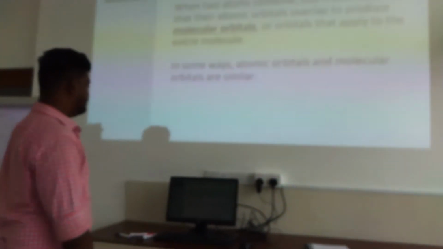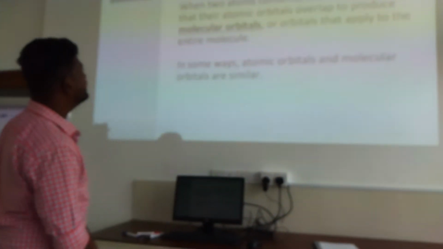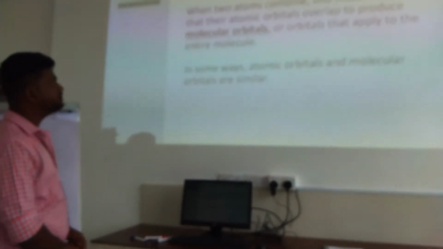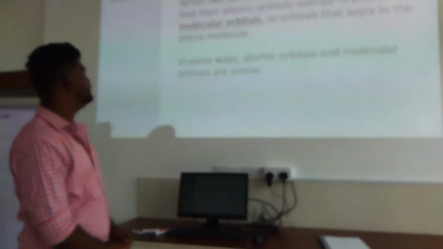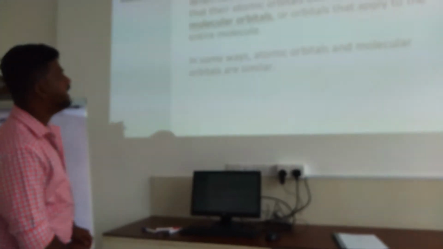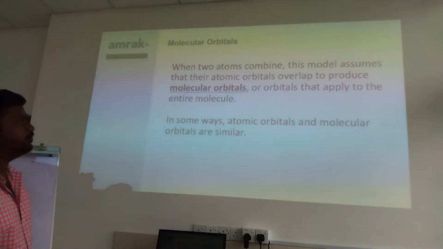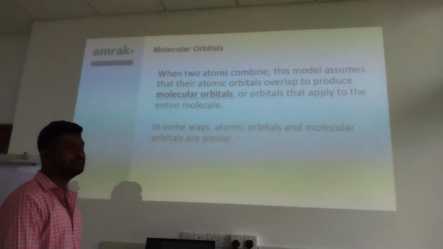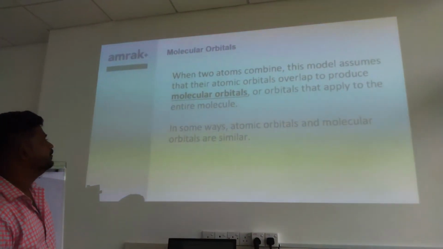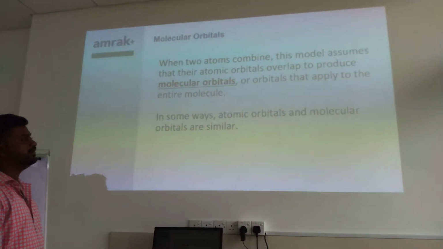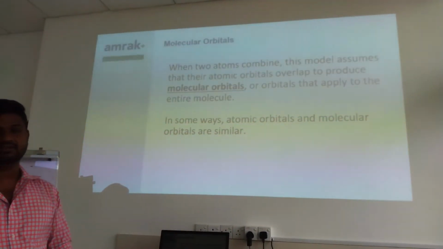Okay, so the molecular orbitals: when two atoms combine, this model assumes that their atomic orbitals overlap to produce molecular orbitals, or orbitals that apply to the entire molecule. So in some ways, atomic orbitals and molecular orbitals are similar. Usually this is not a big thing, okay?